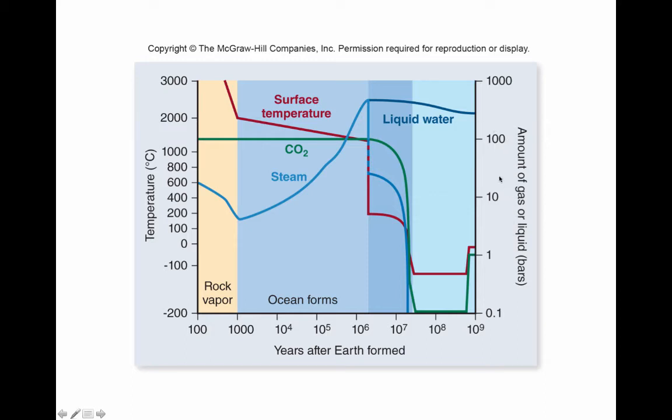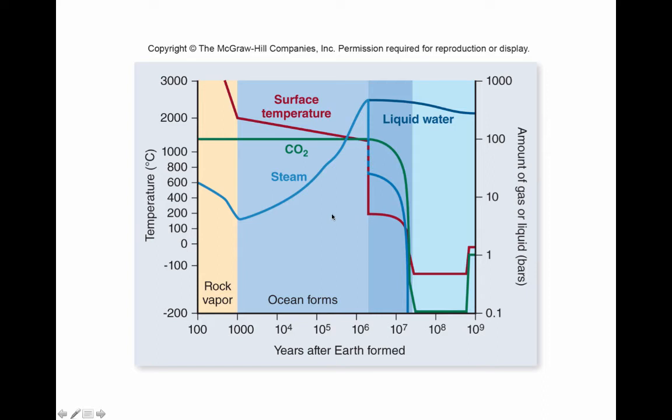This applies both to the line that represents the amount of water in the gaseous state, and then in the liquid state once we get to that, and the amount of carbon dioxide, which are both plotted with reference to the scale on the right-hand axis.